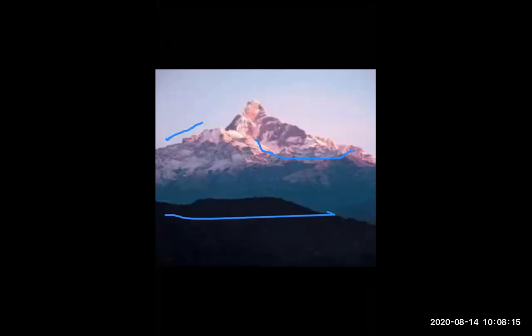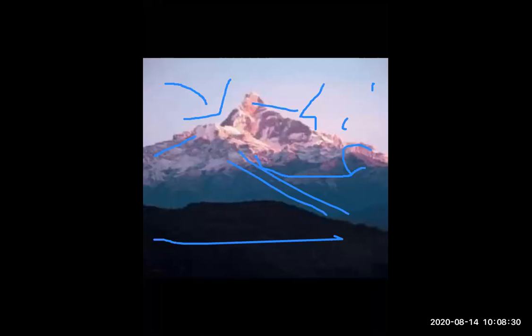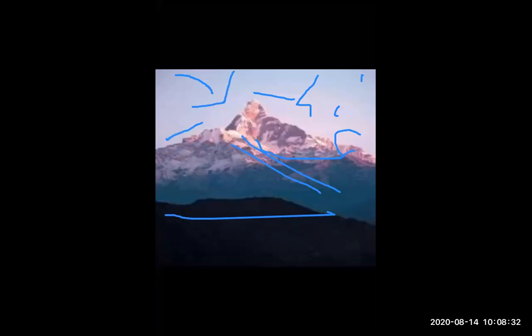This is the Himalaya part, okay? And here, when the winter season comes, the temperature is minus 40 degrees Celsius in the Himalaya ranges, approximately minus 40 degrees Celsius.